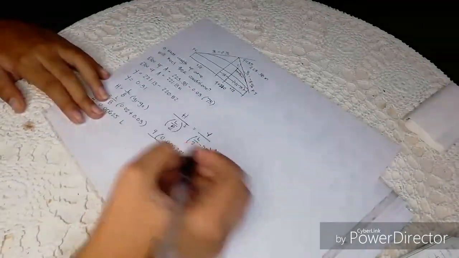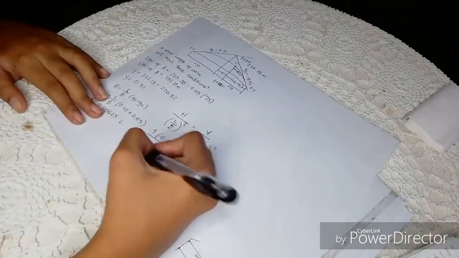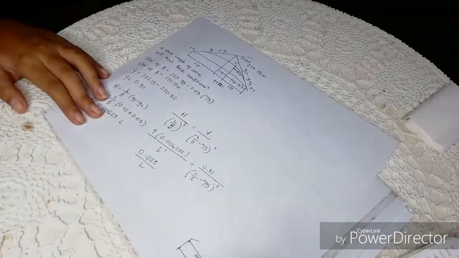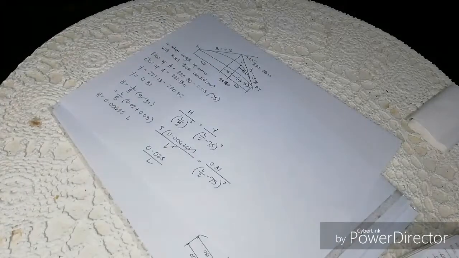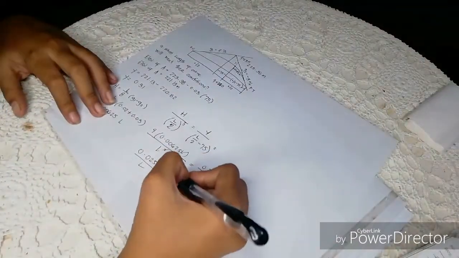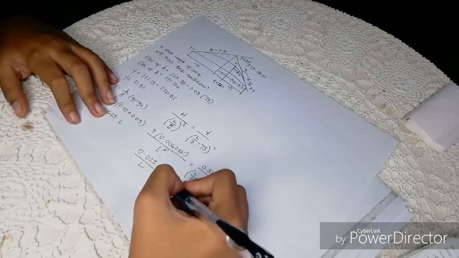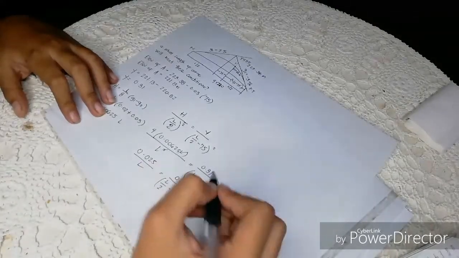then times na natin, ito magiging 0.025 over L. Bakit L? Kasi cancel, continue sa taas, cancel, is equals to 0.31 over (L/2 minus 75) squared.